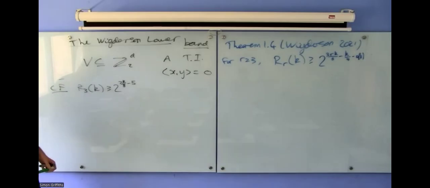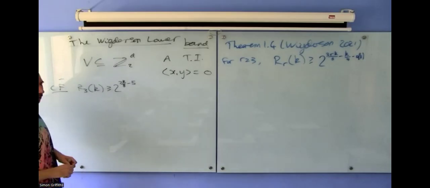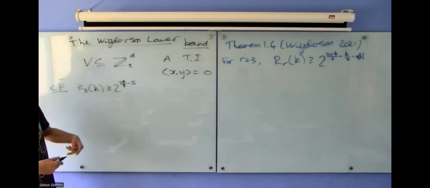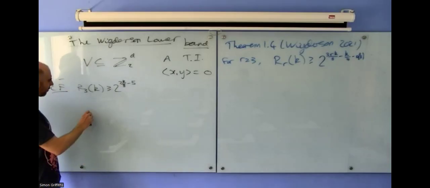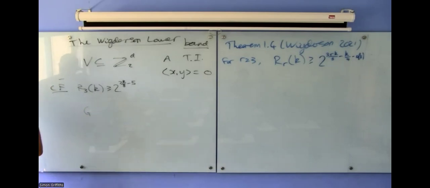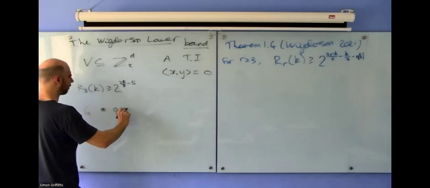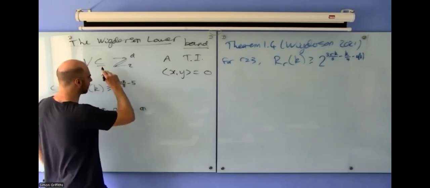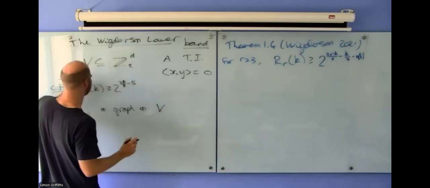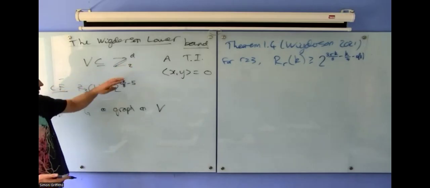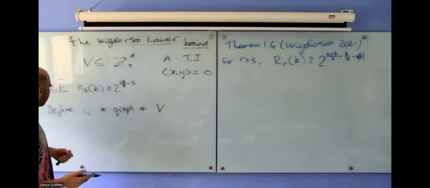So I've started doing a big sketch. I was only going to do a little bit of a sketch, but you start doing a sketch and kind of get carried away. So in a way, this is a graph G. We can even define it, and then we'll know already in the proof what we're talking about. Define G, a graph on vertex set V, the set of even vectors in Z_2 to the d, those vectors with an even number of ones.